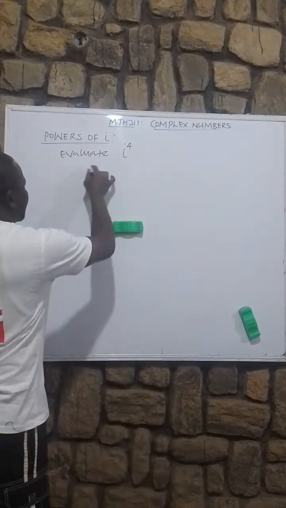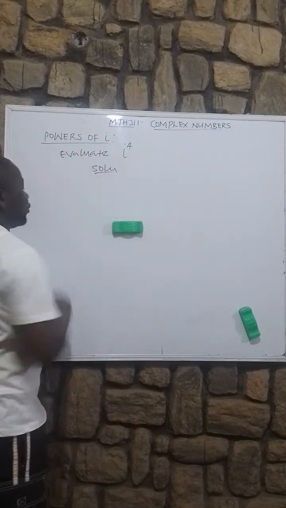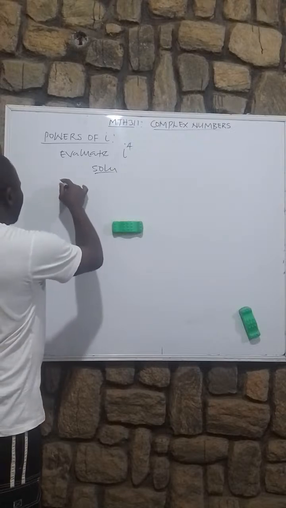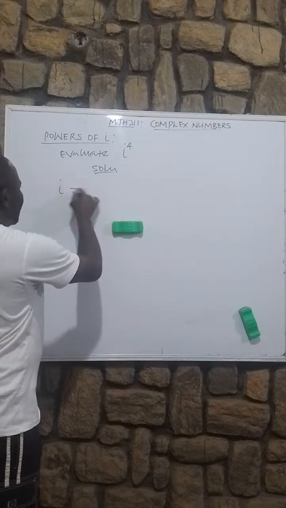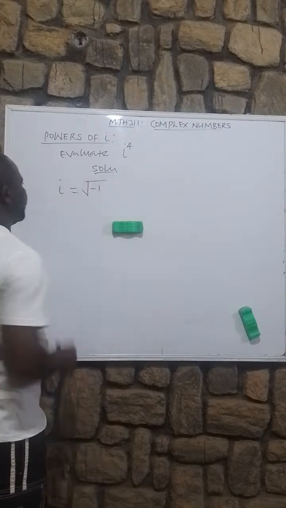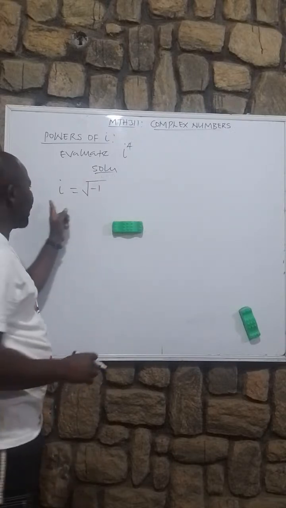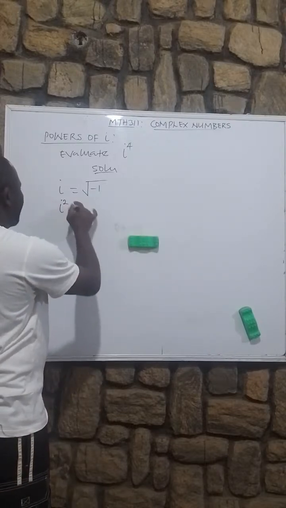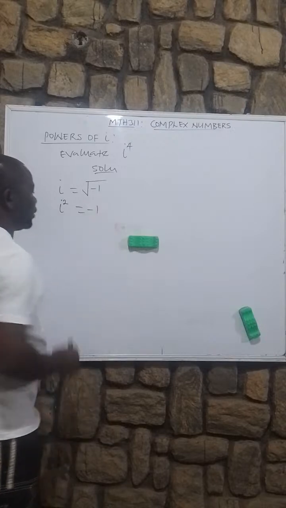We write the solution. We now recall that i is equal to the square root of minus 1. So when we take squares on both sides, i squared will be equal to minus 1.